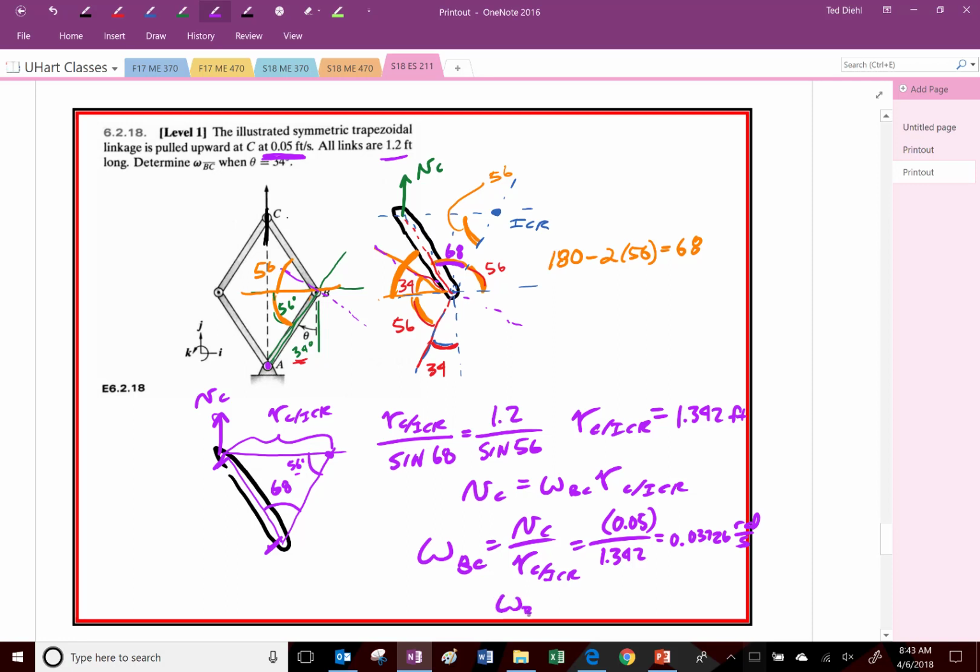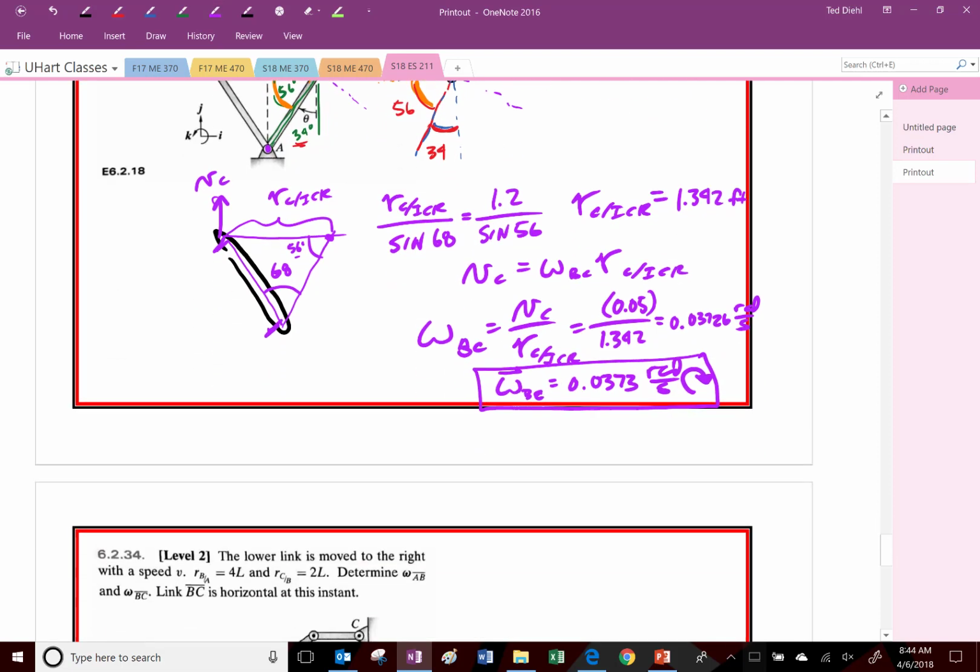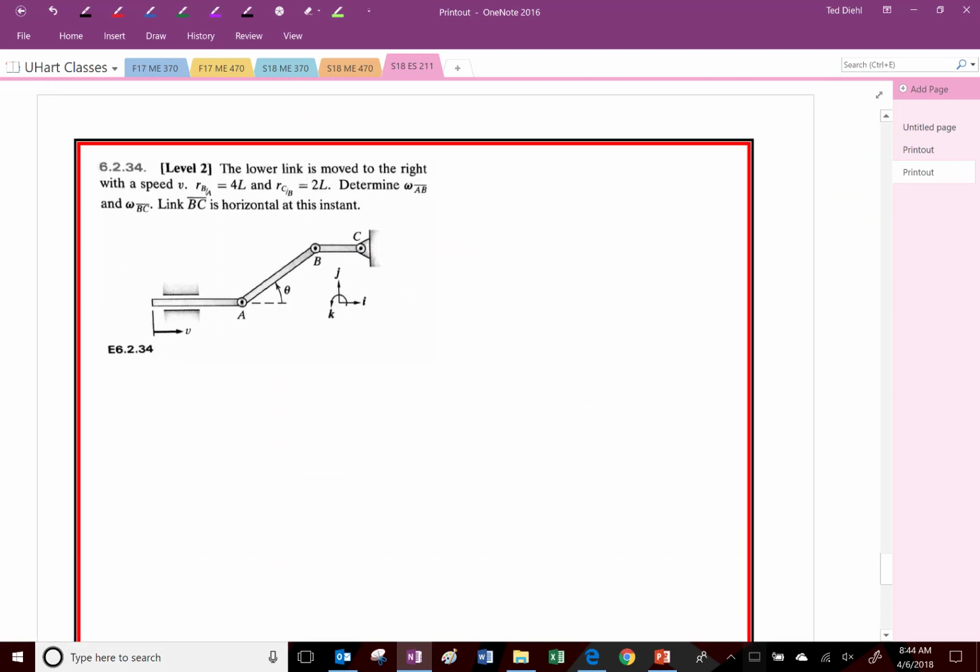We can write that down however we want. I prefer to put an arrow: 0.0373 radians per second. So that demonstrates some of the challenge is to find that geometry.